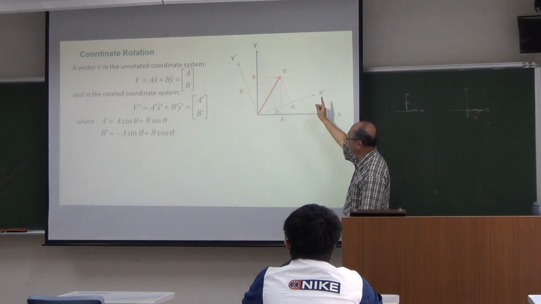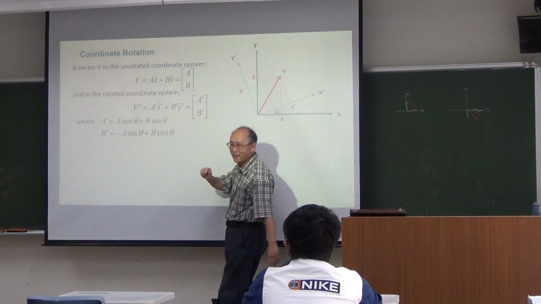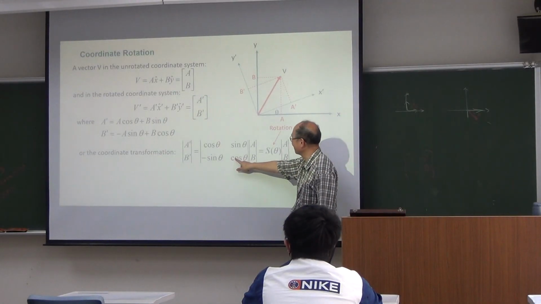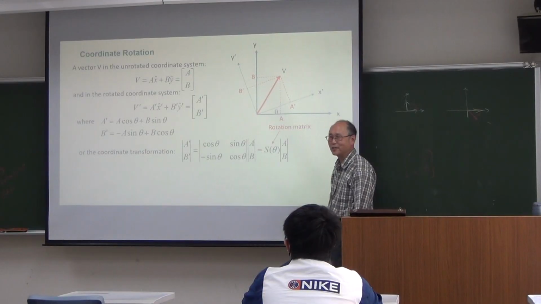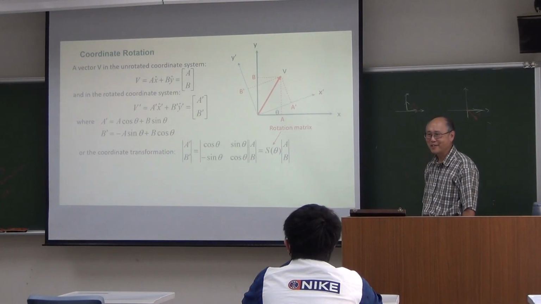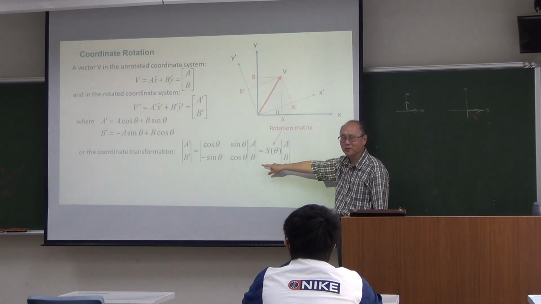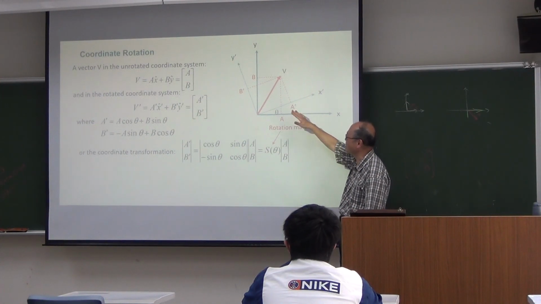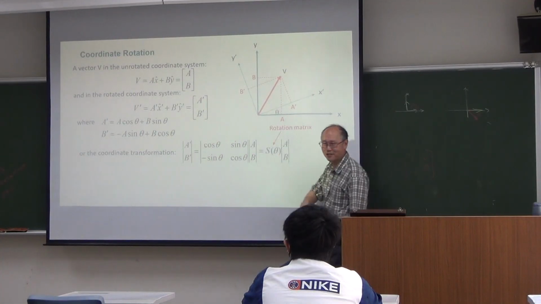Then figure out the sine and cosine, figure out the relationship, and then you finally get a rotation matrix to relate these two coordinates in the prime and unprime coordinate systems. So this is the rotation matrix you want to use for your calculation. But be patient. Just go through this sine and cosine. You'll establish it here, and then get this relationship.